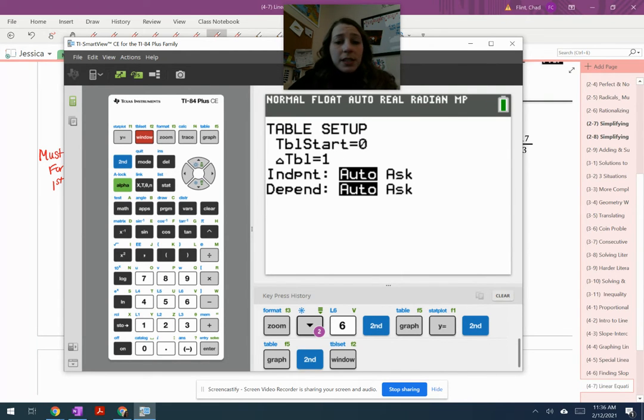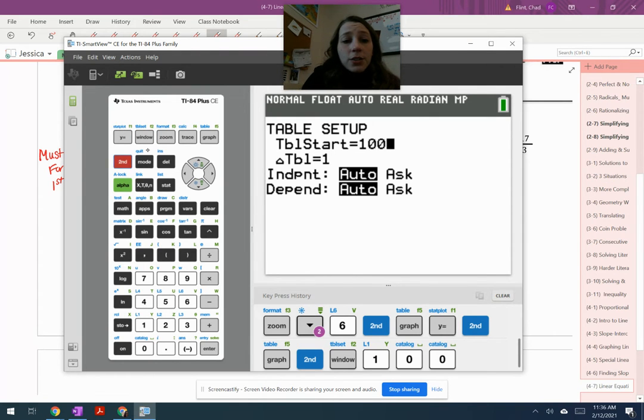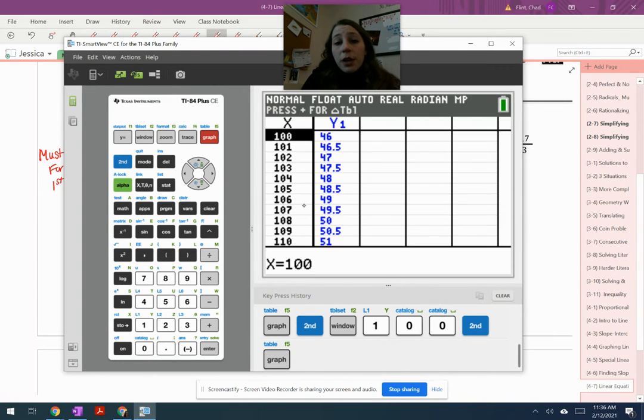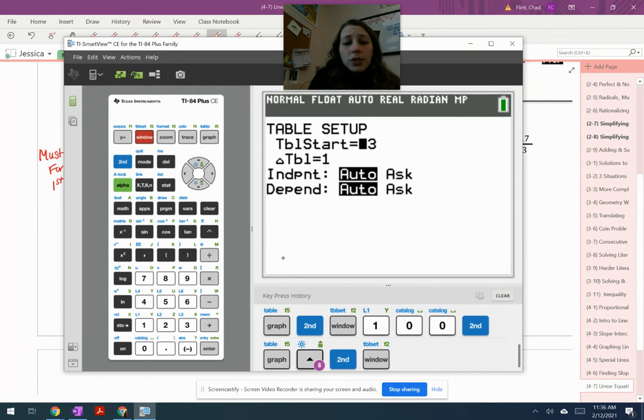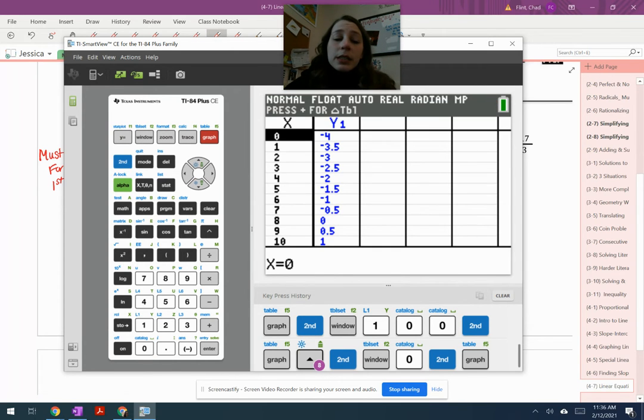This is that setup piece where you can start it at 100 if you wanted to, so you don't have to scroll all the way back up. I'm just going to start it back at 0. And that's how you use the table.